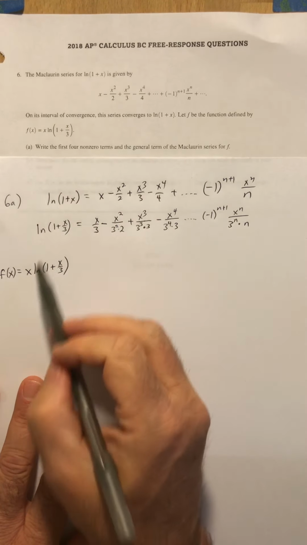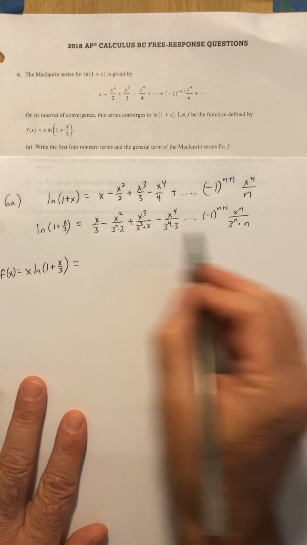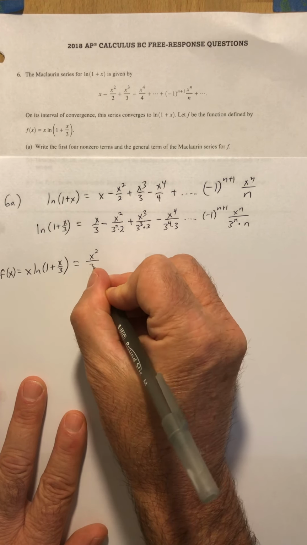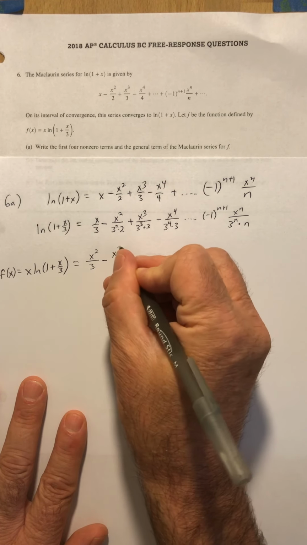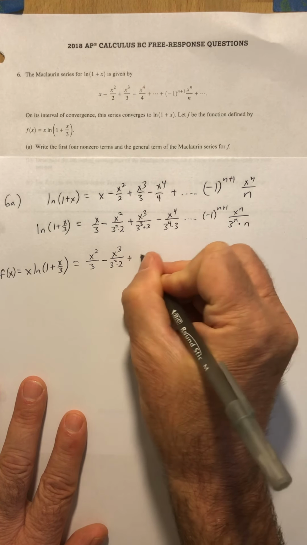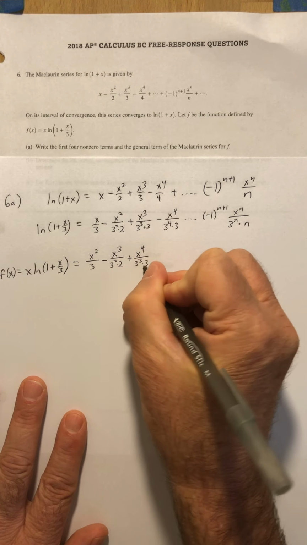And so if the function's only different by multiplying by x, then the series is only going to be different by multiplying by x. So I'm going to write this over again, but I'm going to multiply every term by x. So basically I'm increasing the numerator by 1 power of x.